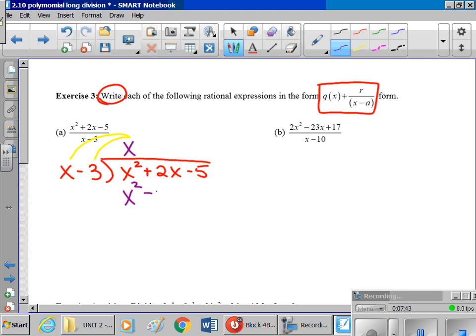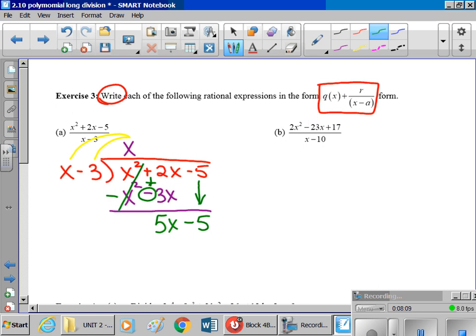So this becomes minus 3x. I'm going to remind you, make sure that you now change the signs, because this becomes a minus, this becomes a plus, these cancel, and 2x plus 3x is 5x, bring down the minus 5.